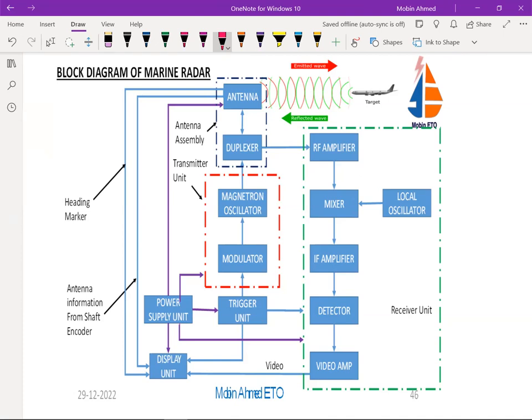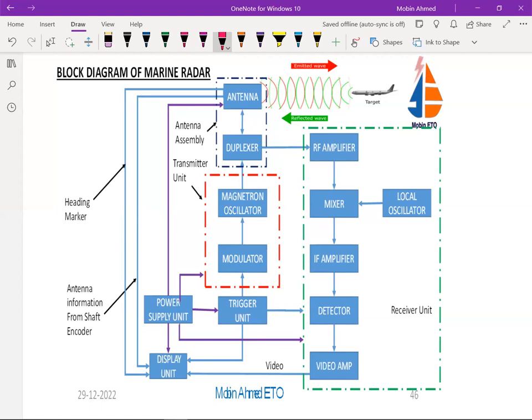Now, why do we put the duplexer? Because this is high power, it should not go to the receiver side. It will damage the receiver. That's the reason we put this duplexer here. So high power should not go to the receiver side and it should go only to the antenna.